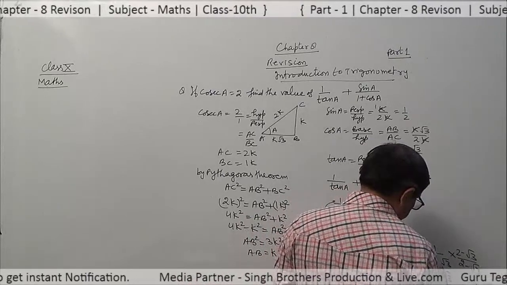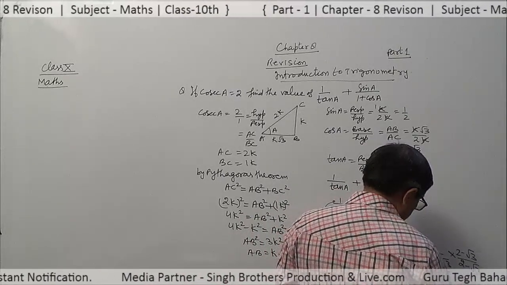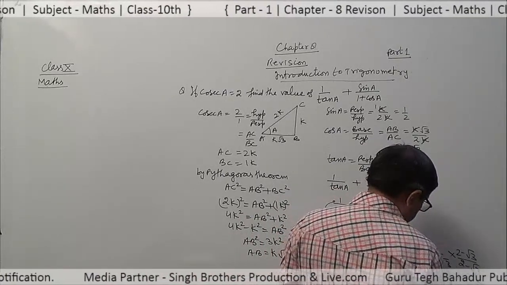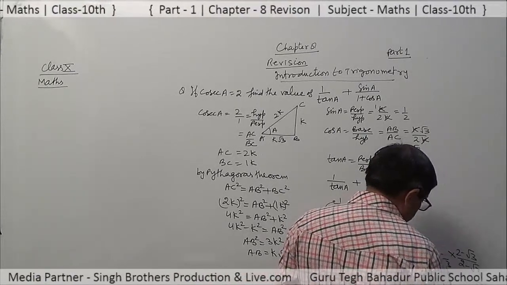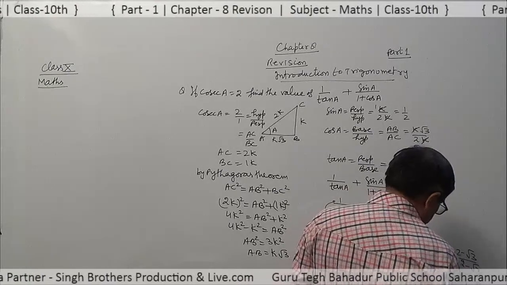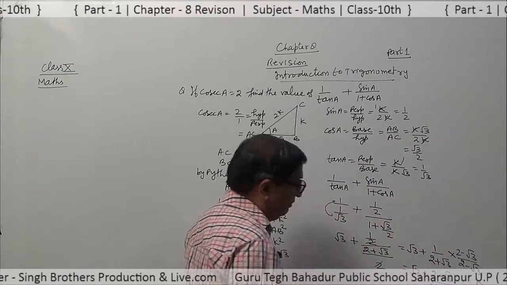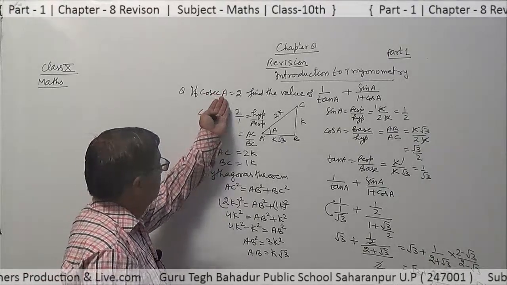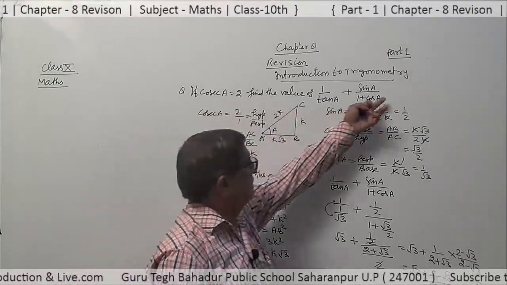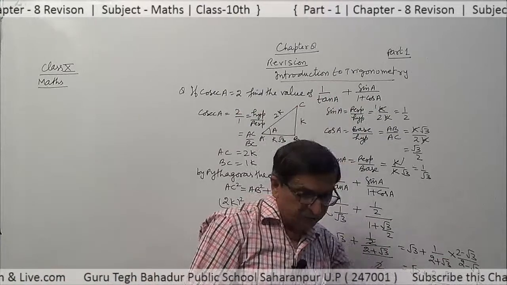So root 3 plus 2 plus minus root 3, this cancels, 2 is the answer. This is very interesting that the given value is 2 and its value is also 2.